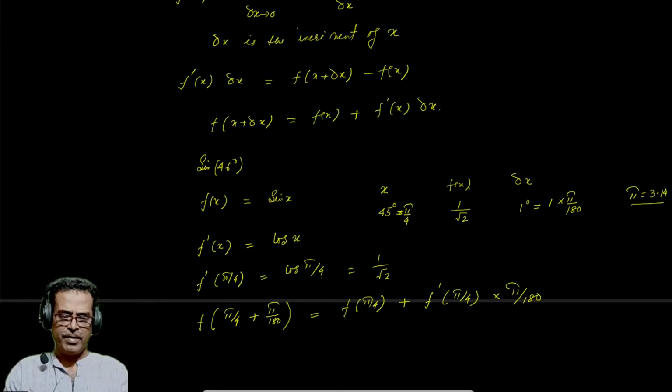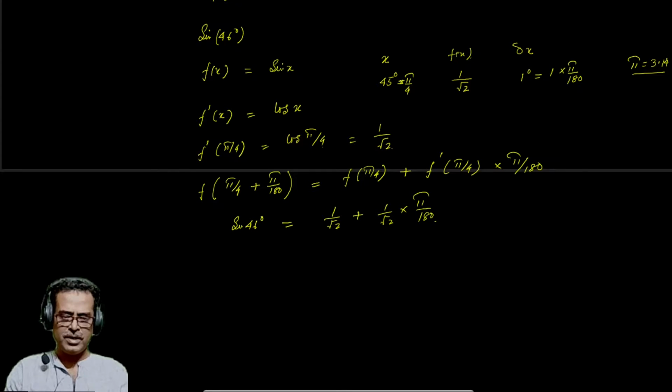So f(pi by 4 + pi by 180), that is 46 degree, and the function is sin x, so sin 46 is equal to f(pi by 4), that is 1 by root 2, plus f'(pi by 4) which is 1 by root 2, times pi by 180.